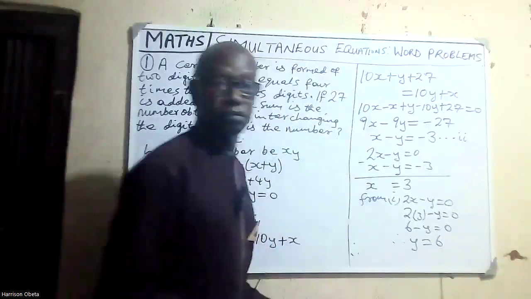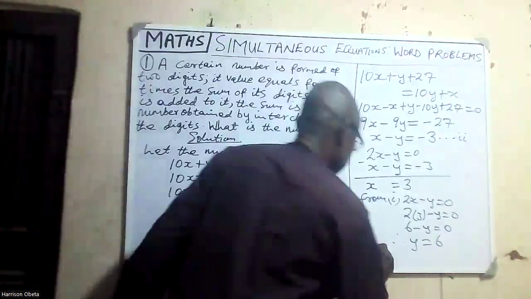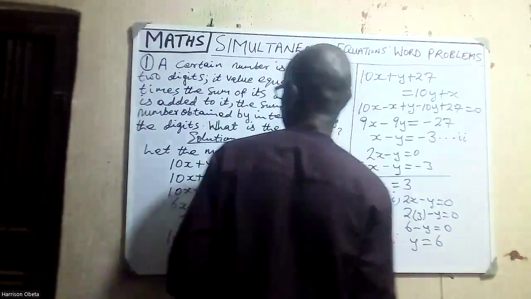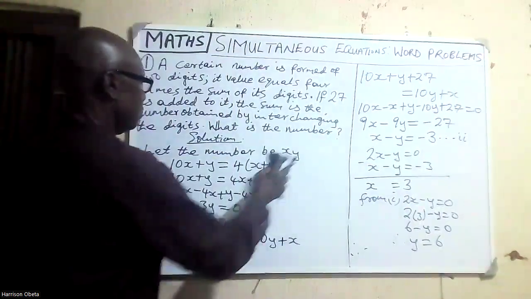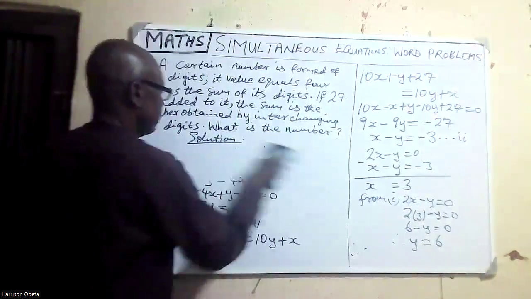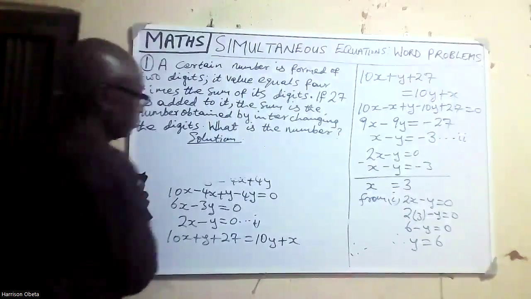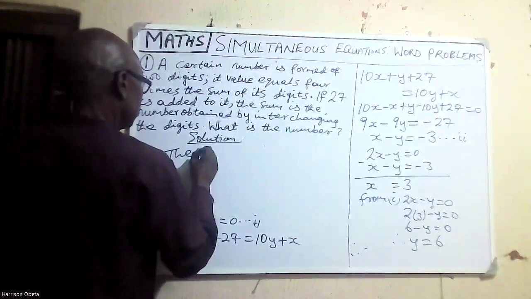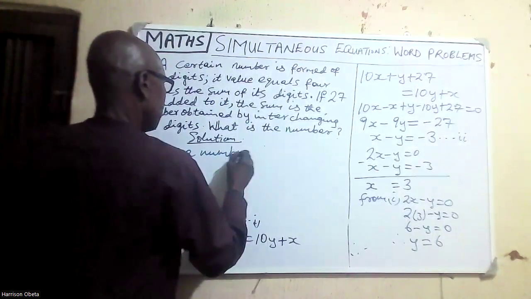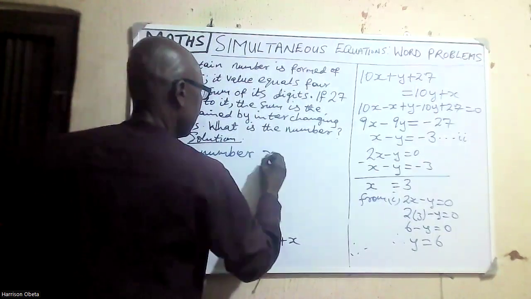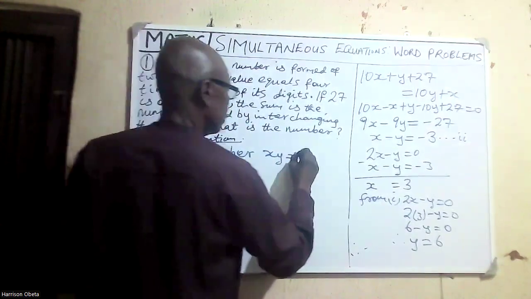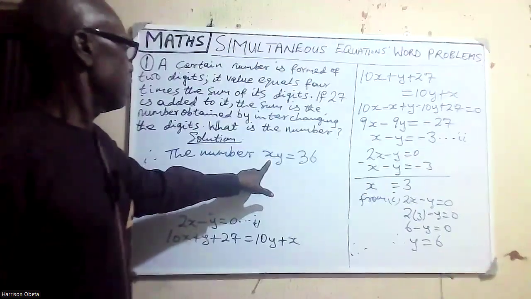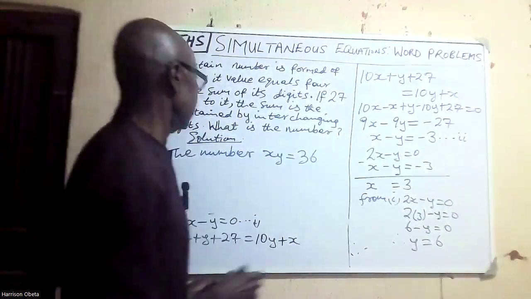Therefore, let's come back from there. The number xy is equal to 36, because our x is 3, our y is 6.